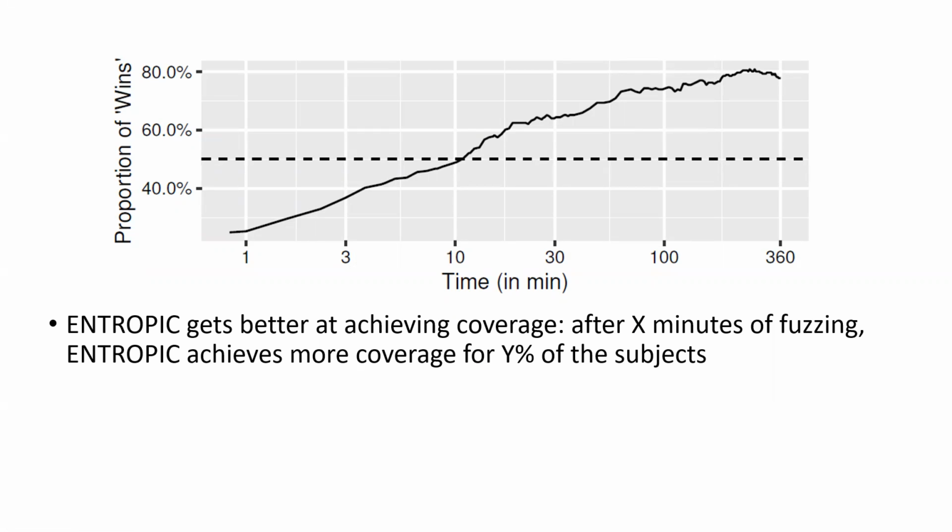So the point here is that from the very beginning, the previous fuzzer and Entropic are the same, and after 10 minutes, Entropic has better performance on 50% of the subjects.